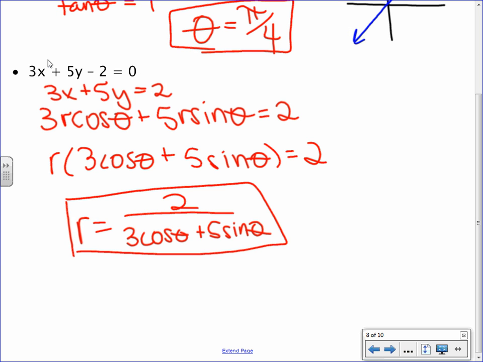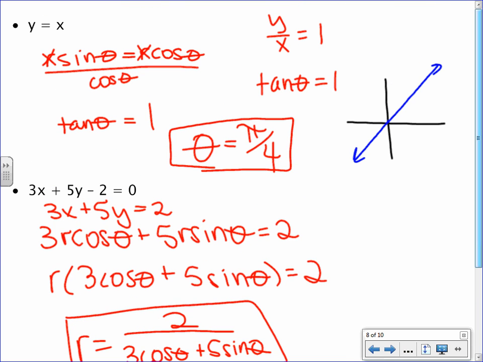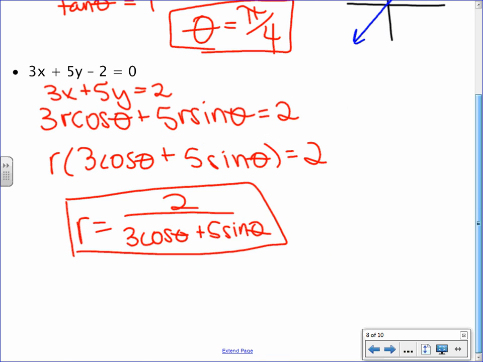We can find a y-intercept, an x-intercept, and boom, graph the line. Now look up here. Just knowing that our line's at an angle of pi over 4, here's your line, that's pretty sticky, right? Maybe just as much work as y equals x, I guess. But down here, the second example, this is obviously not as easy. But this still represents the equation.